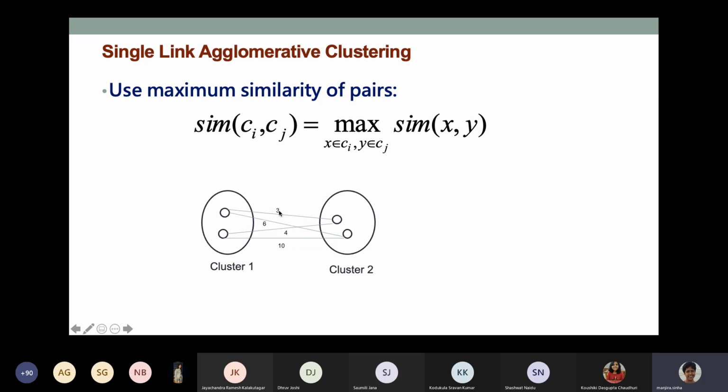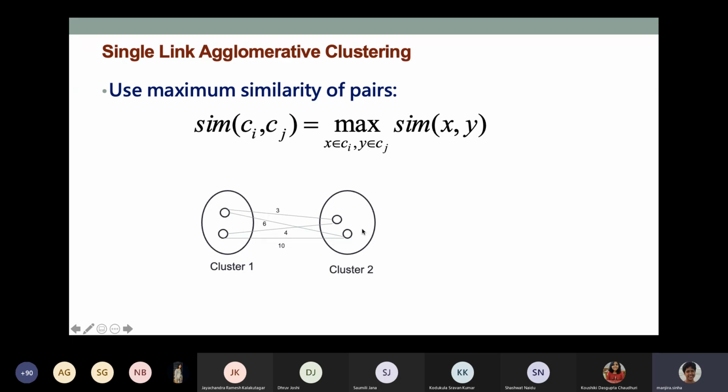So in this single link clustering, what did we say? We will take the closest pairs. So the similarity between the two clusters Ci and Cj is defined as the maximum of the similarity between x and y, where x belongs to cluster Ci and y belongs to cluster Cj.